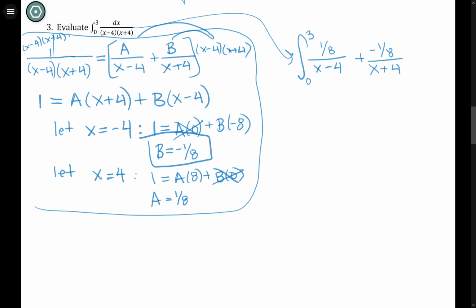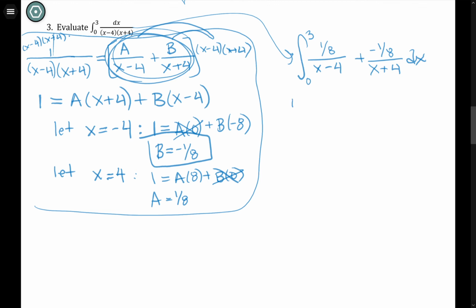So I'm just looking back at my partial fractions right here, and now that I know the a and b values, I just plug them in and replace my original fraction by the two simpler fractions. If I was trying to write a final answer, I'd probably just move the 8's into the denominator and say I have 1 over 8 times x minus 4, but for integrating, I actually think it's easier to keep it on top and think about it as my constant.